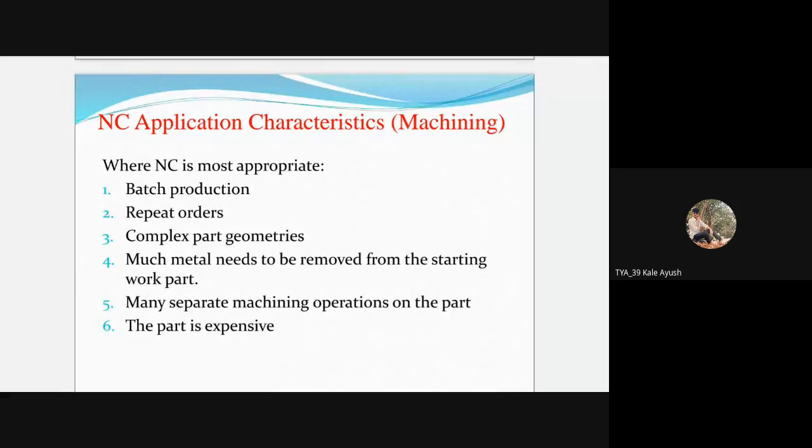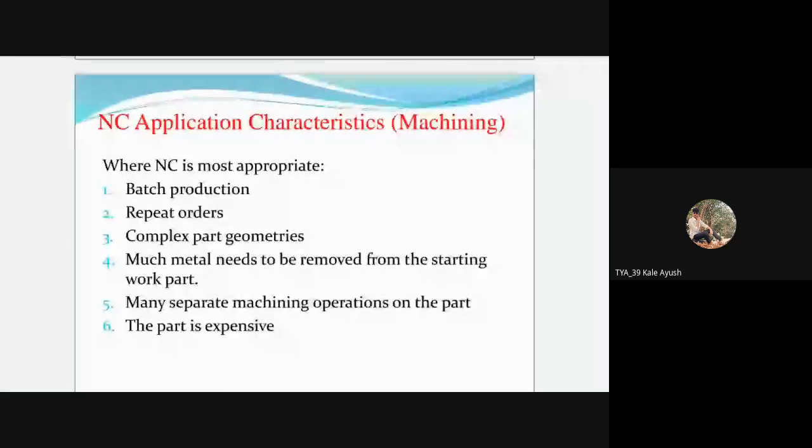The part is expensive: wherever the part is expensive, an NC machine will be there. Suppose you might be knowing, for gold products or diamond products also, these type of machines are required, wherever very expensive components are there.